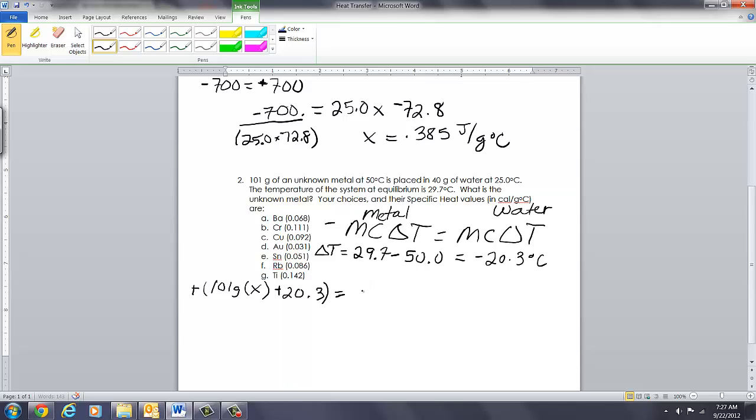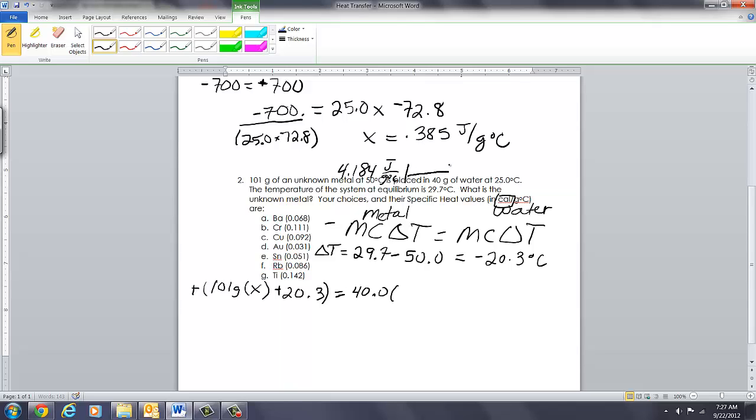Now for my water, what do I know? There's 40 grams. Again, let's add a 0.0. What's the specific heat of water? Oops, wait, stop. This is in calories. The specific heat that we usually know is in joules per gram degree C. Calories is just another name for energy, so we're not going to freak out because we know how to handle this.